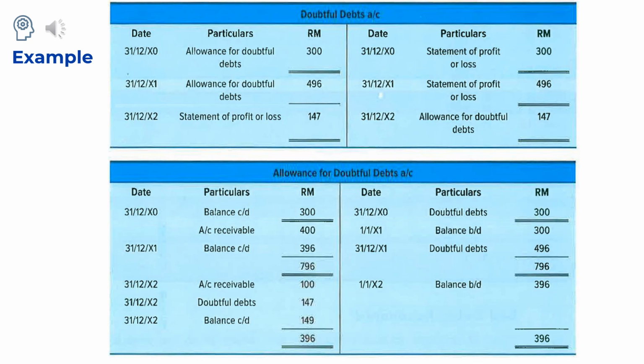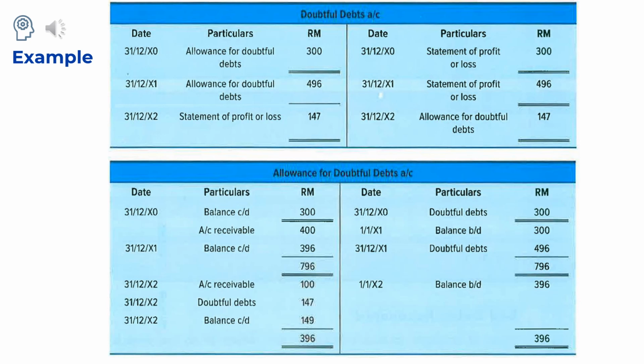This is how the doubtful debt account and the allowance for doubtful debt account should look. For the first year, it is simply 30,000 times 1%. So the doubtful debts should be 300 and then goes to balance CD.